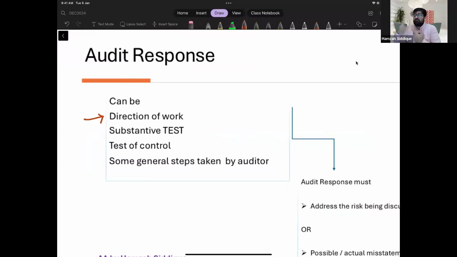For example, what is direction of work? Perform substantive tests on the inventory, to verify whether it is recorded at lower of cost and NRV.